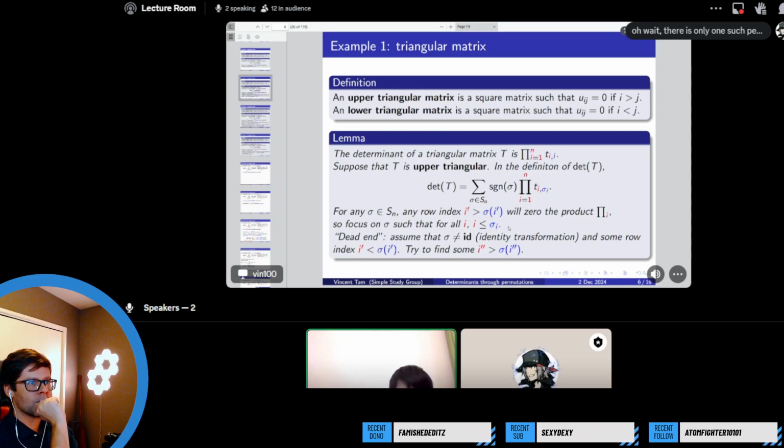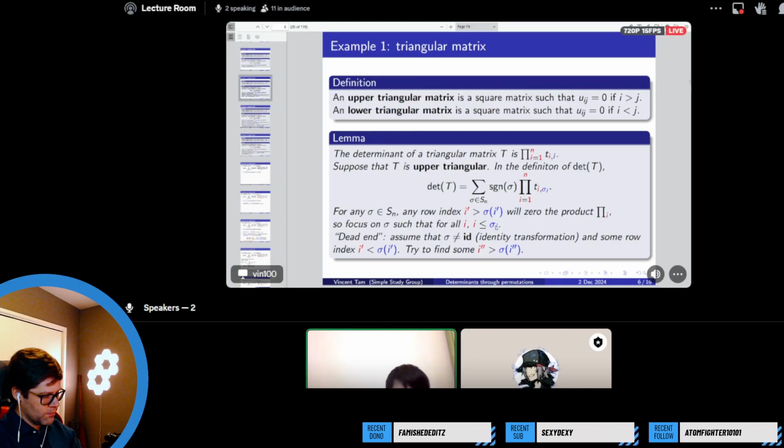You might try to assume that sigma is the identity transformation, because the case when sigma equals the identity transformation is trivial. So I assume that sigma is not the identity transformation, and we try to find some cell below the diagonal that is nonzero.